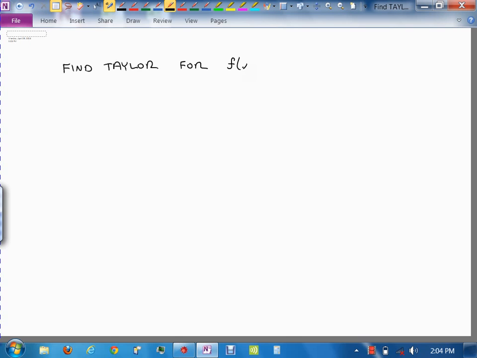F of x equals natural log x at a equals 3.